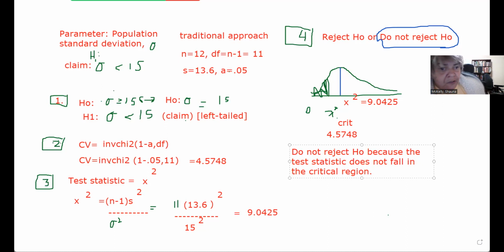That is our justification for step 4. Do not reject the null, because if it had, we would say reject the null because the test statistic falls in the critical region, but it doesn't.